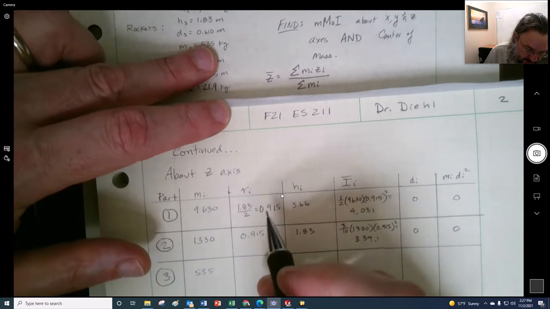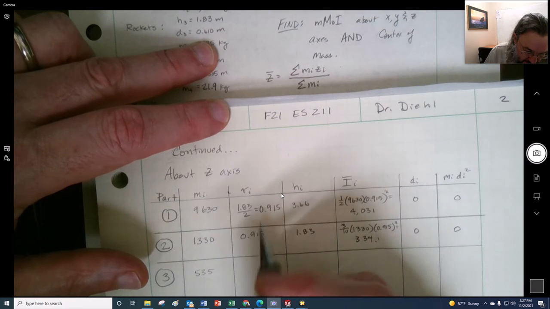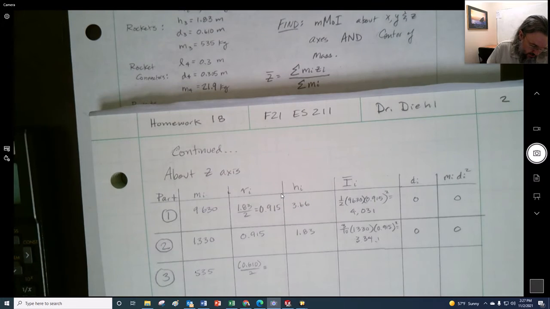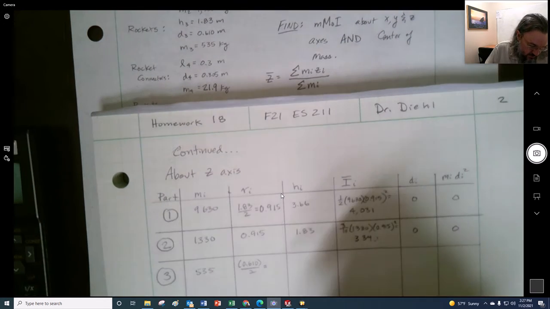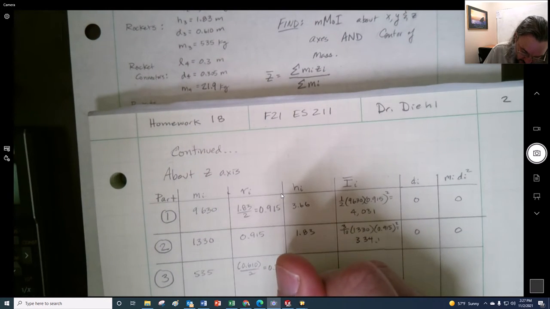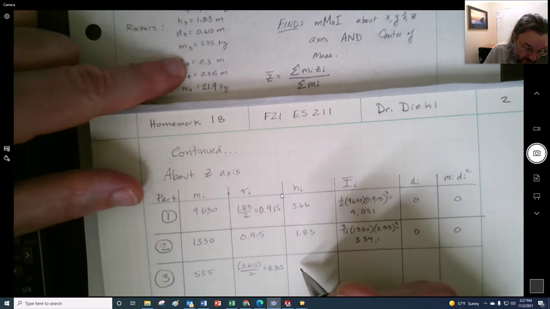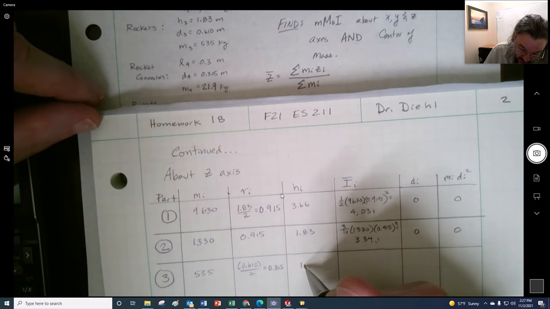The radius is going to be half the diameter of the rockets, so 0.610 divided by 2. Could almost do that in my head. 0.305. And then the height of them is given as 1.83.